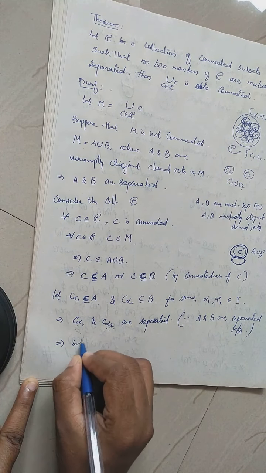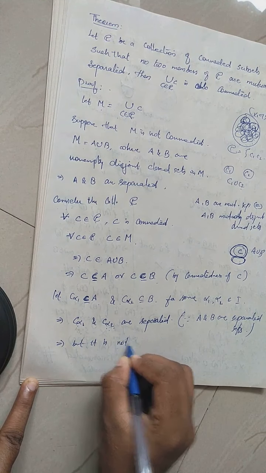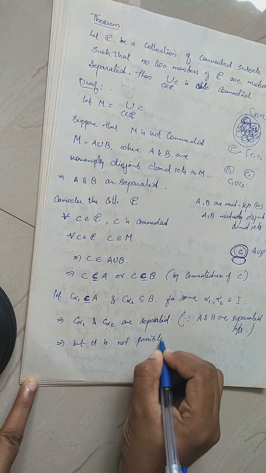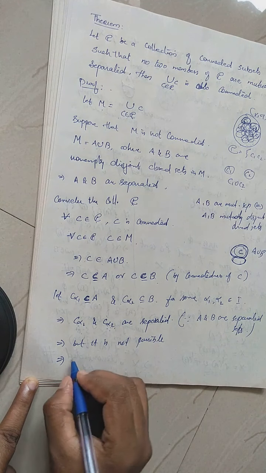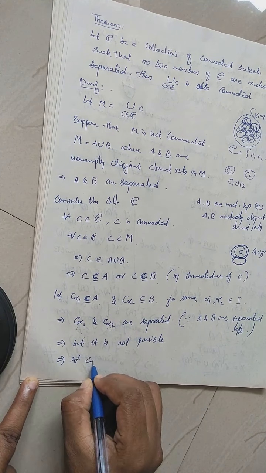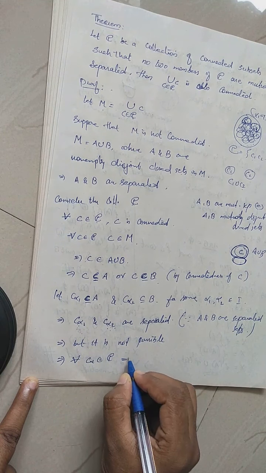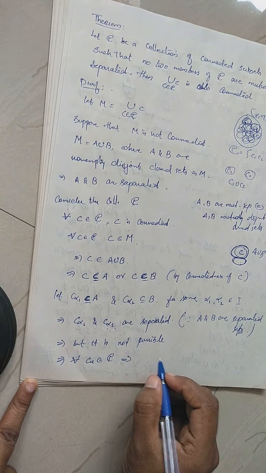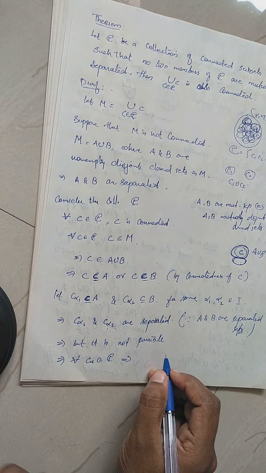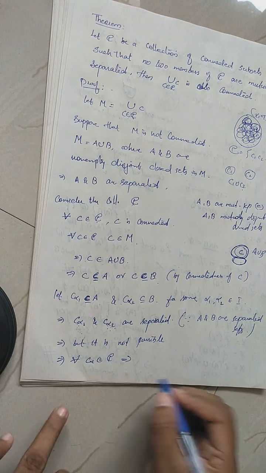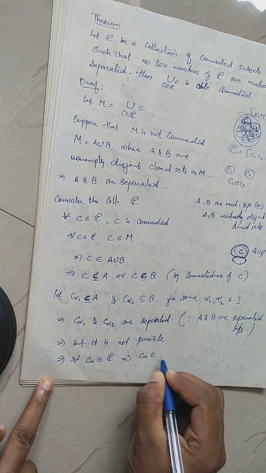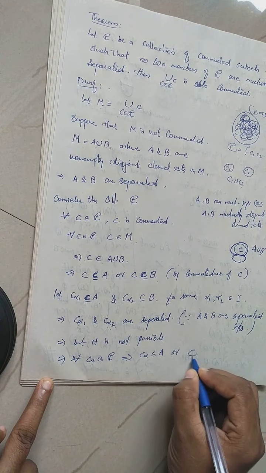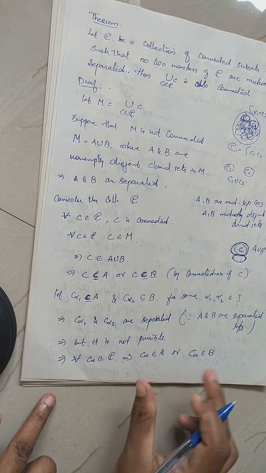But it is not possible. Which implies all C alpha belonging to C will be contained either in A or in B. This is the only possibility.